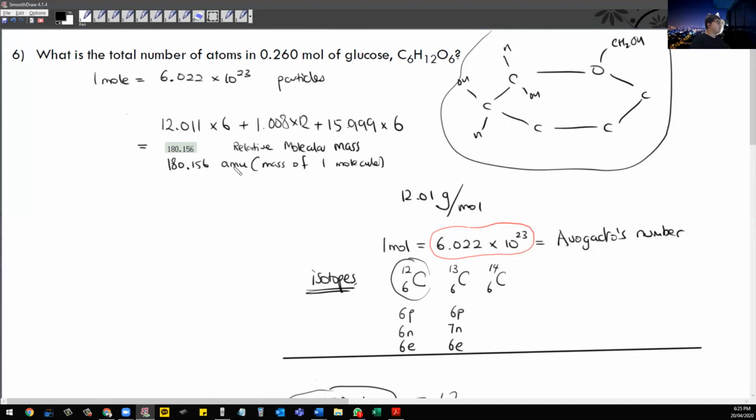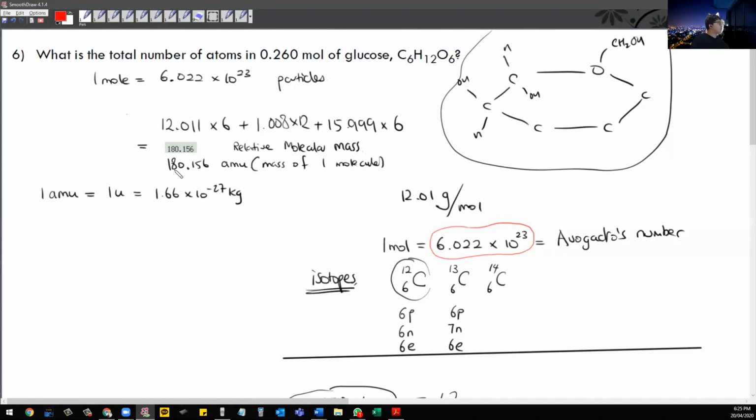Of course, this AMU can easily be converted into kilograms, because we know that one AMU, or 1 u, is the same as 1.66 times 10 to the power of negative 27 kilograms, wasn't it?